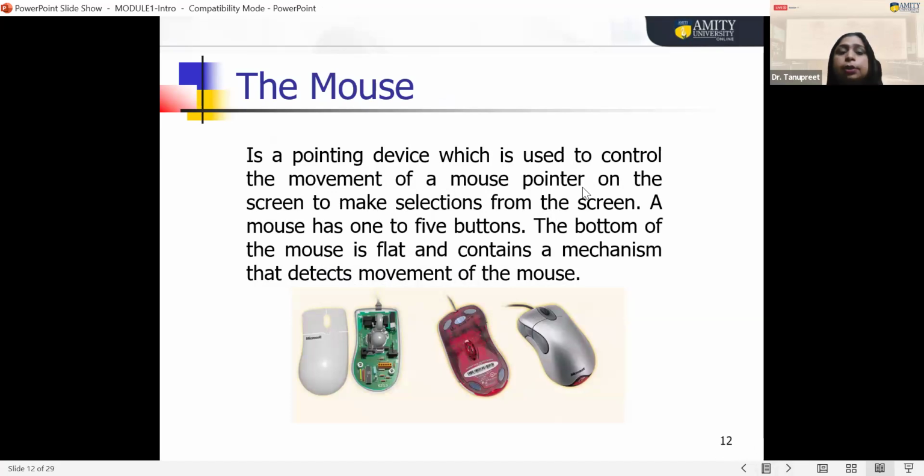You can go through the functionality of the keyboard and the mouse. Students, this is very basic and fundamental, so I'm not going to take much of your time on it, because there are various other things to be discussed. I guess this is simple, and we can proceed.